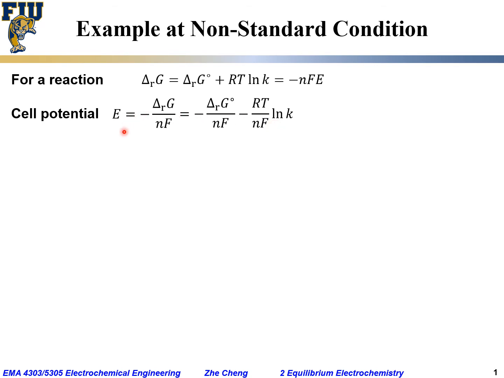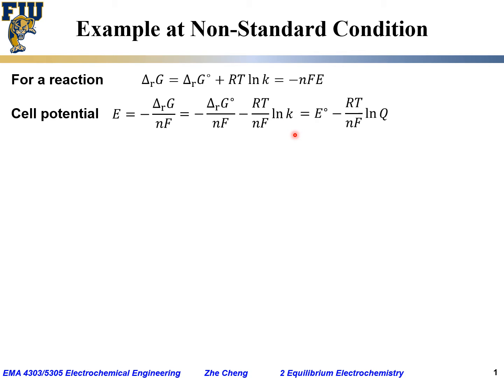So this equation enables us to calculate the cell potential for an electrochemical reaction if it is under non-standard condition, if the concentration or the pressure are not standard.